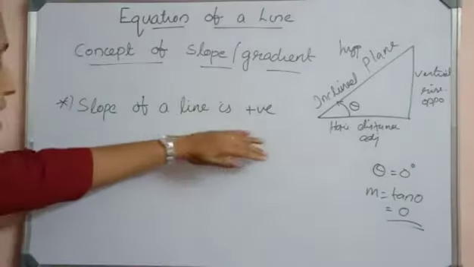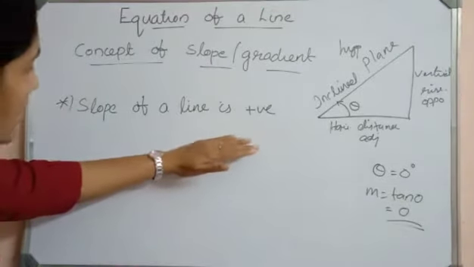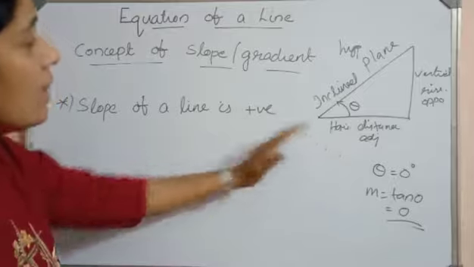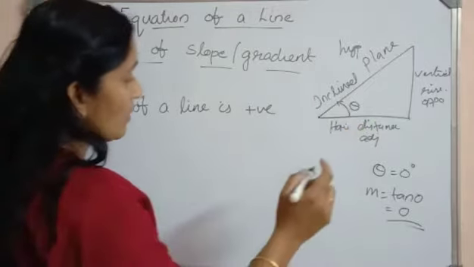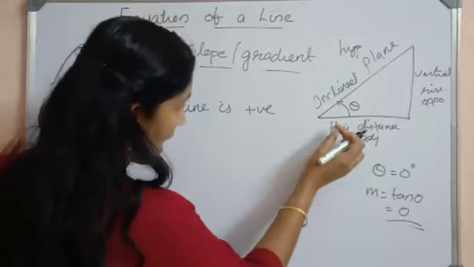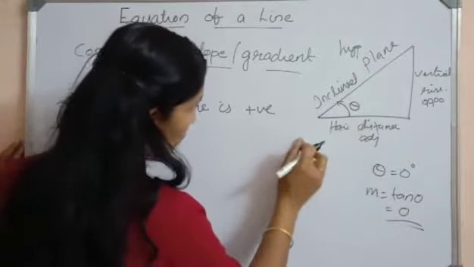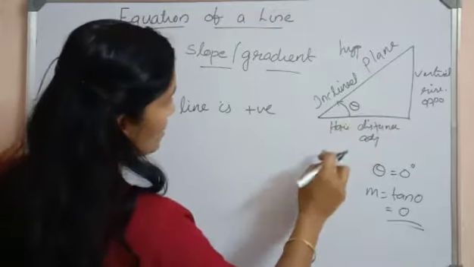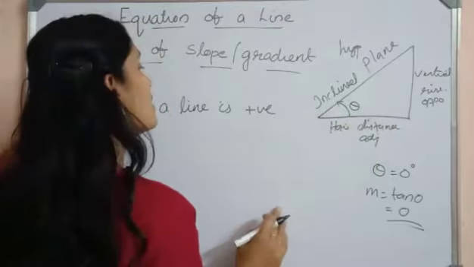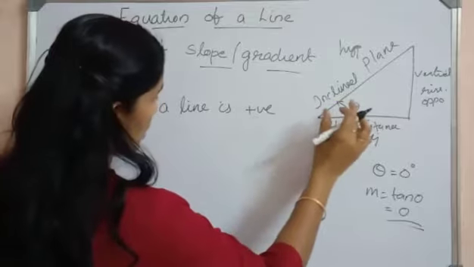The slope of a line is positive if it makes an angle, acute angle with the x-axis in the anti-clockwise direction. Yesterday we have seen that when the angle is measured in the anti-clockwise direction, the inclination, the theta is positive. When it is measured in the clockwise direction, it is negative. Inclination is negative.